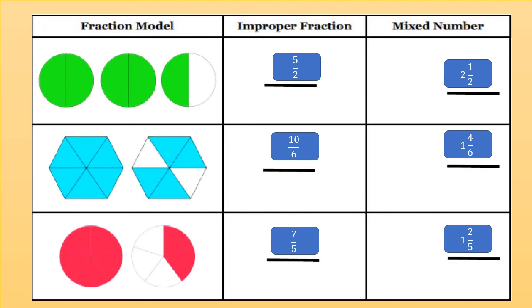Next, the circle is divided into 5 equal parts and the total number of shaded parts is 7. So 7 by 5 is the improper fraction and the mixed fraction will be 1 and 2 by 5. So 1 whole and 2 out of 5 parts are shaded in the second one. So the fraction will be 1 and 2 by 5.